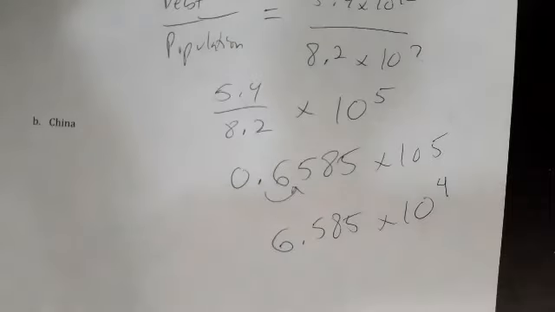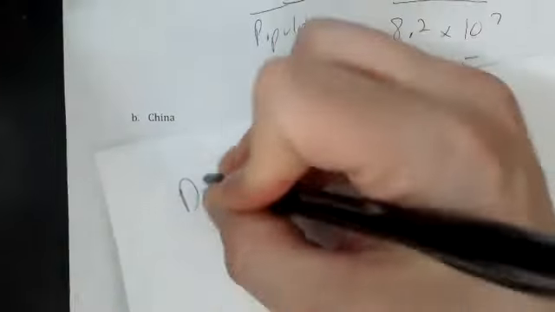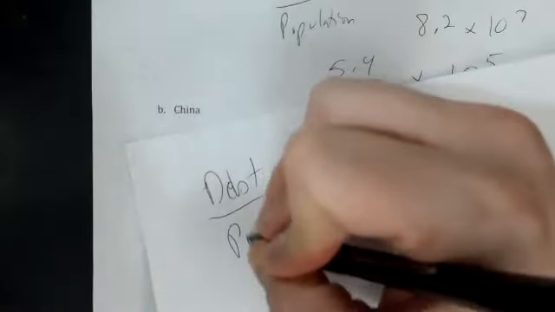The last thing we're figuring out is debt to population for China. So looking back at China for the debt to population, we're filling in from what they gave us in China. They said that the debt was 1.84 times 10 to the 12th, and their population is 1.39 times 10 to the 9th.